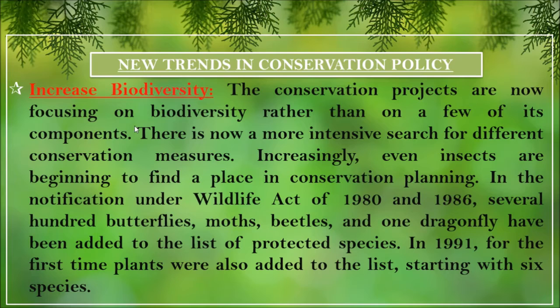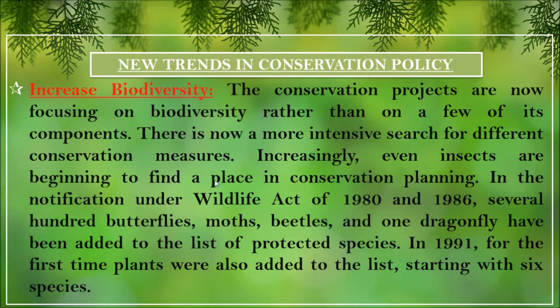So the next thing is new trends in conservation policy. The conservation projects are now focusing on biodiversity rather than on a few of its components. There is now a more intensive search for different conservation measures.